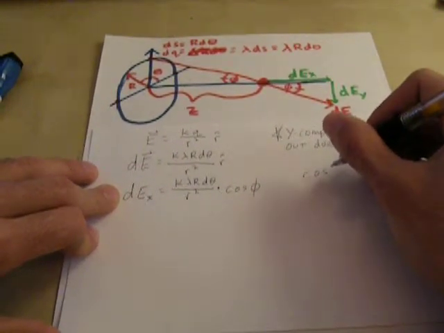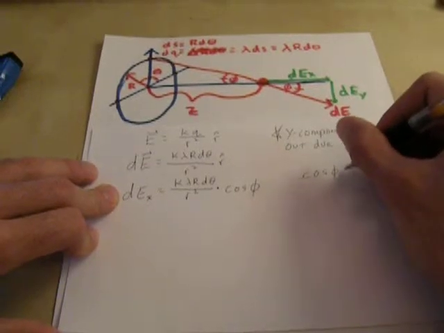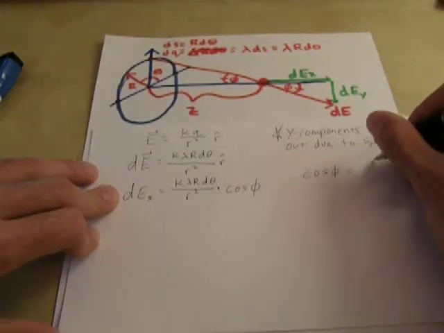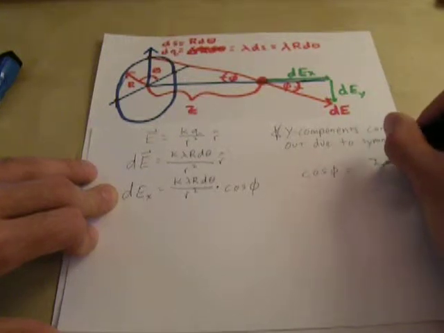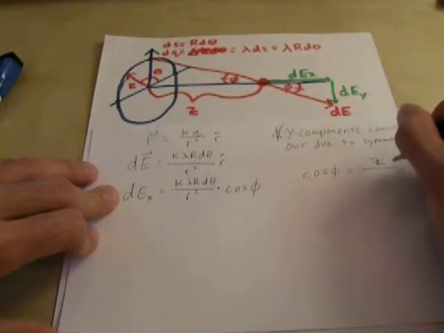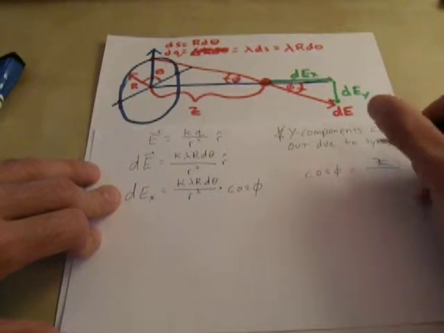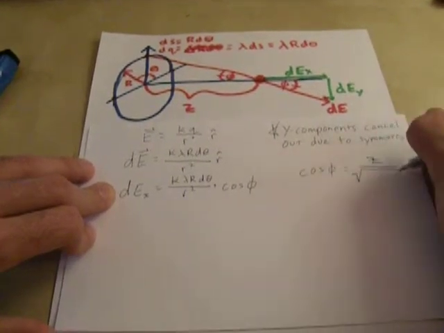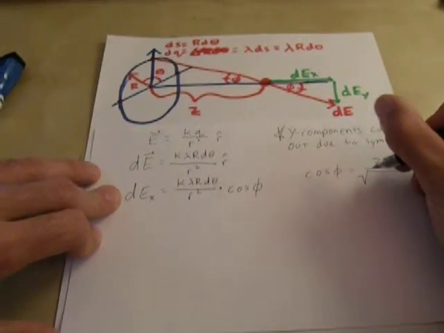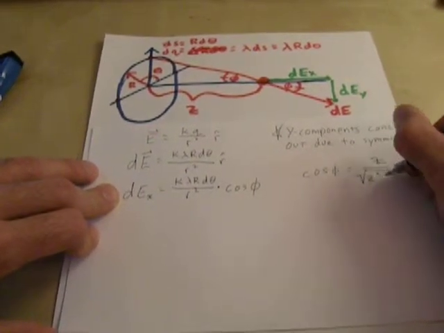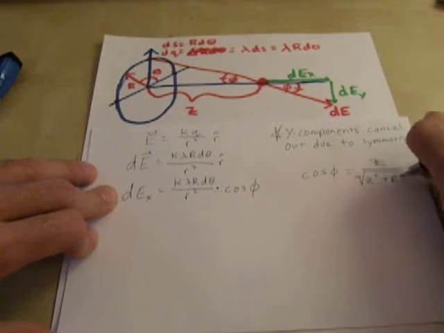So here we go. Cosine phi is equal to z over the square root of z squared plus r squared. I'm going to explain this.